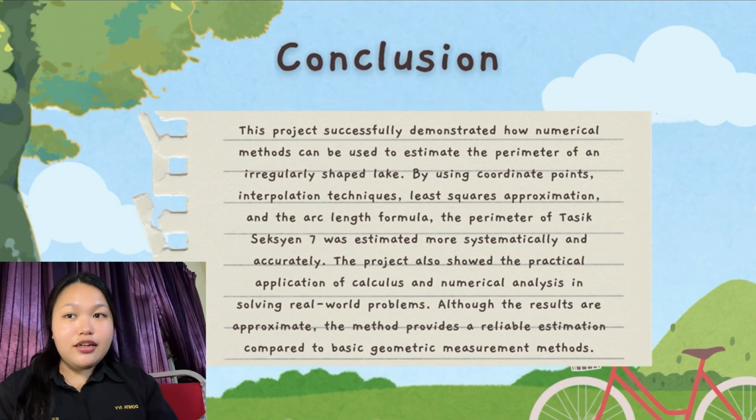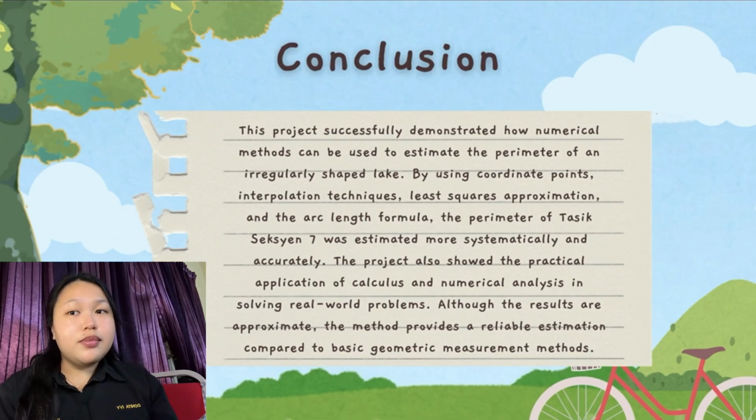In conclusion, this project successfully demonstrated the application of numerical methods in estimating the perimeter of an irregular shaped lake. By using coordinate points, interpolation techniques, least squares approximation, and the arc length formula, we were able to estimate the perimeter of Tasik Section 7 more systematically and more accurately.